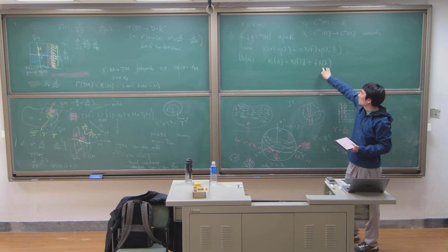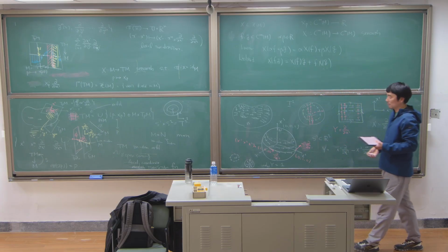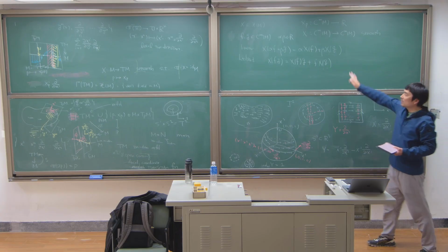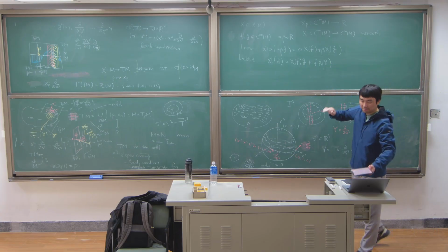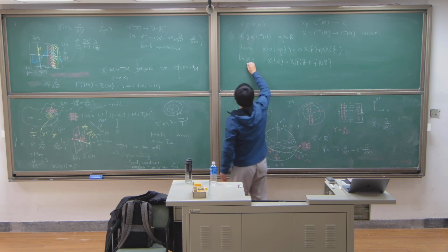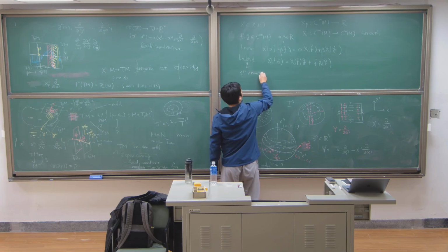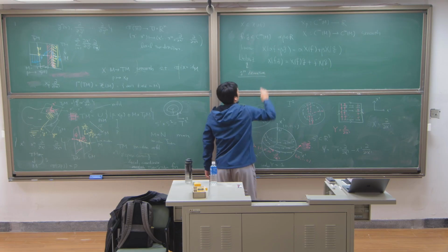If you add them up, it's still a function. And what does the Leibniz rule mean? Essentially, this is equivalent to a first derivative.